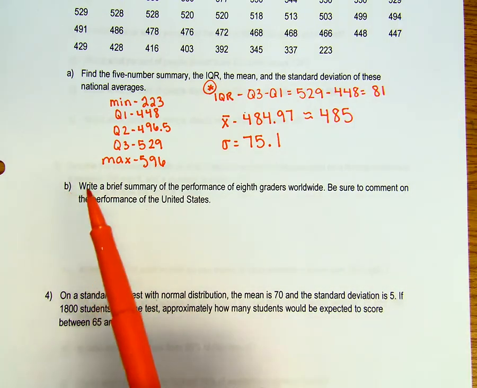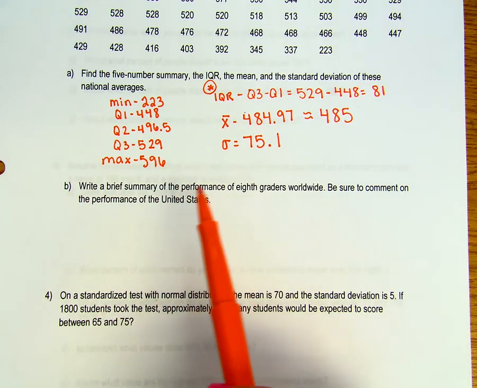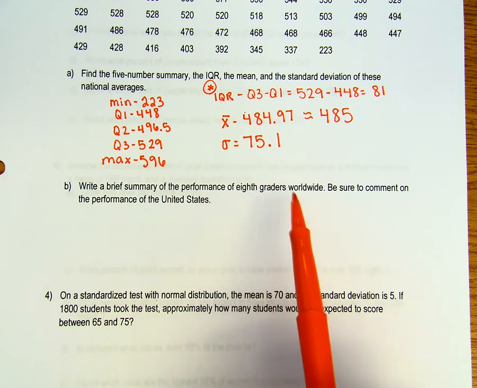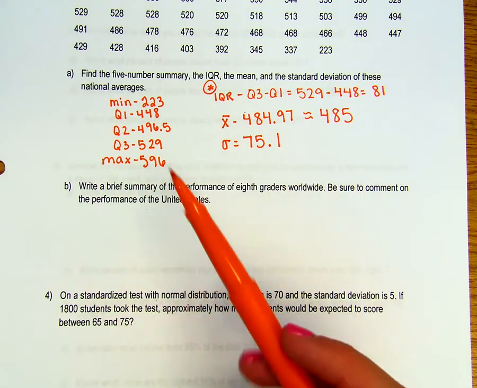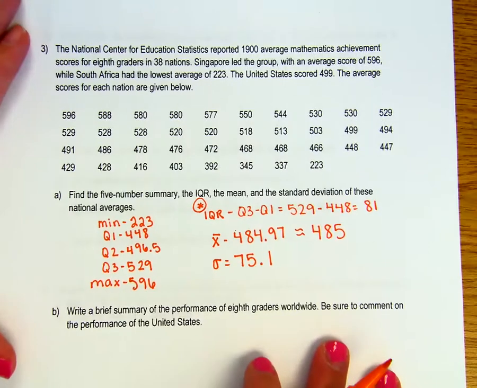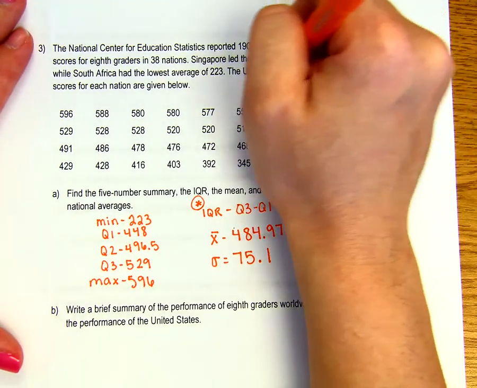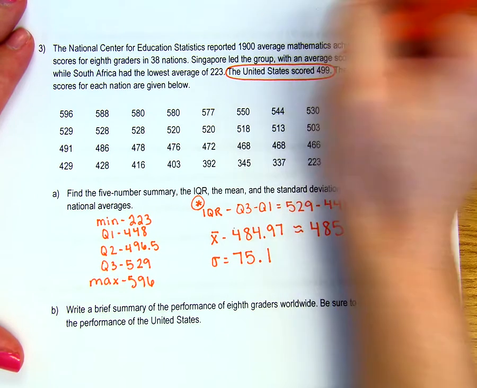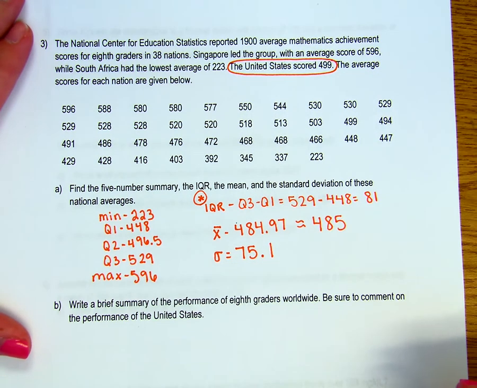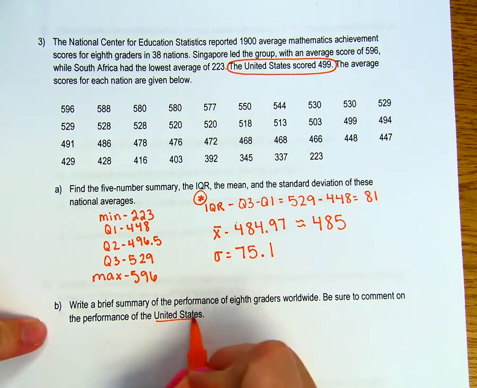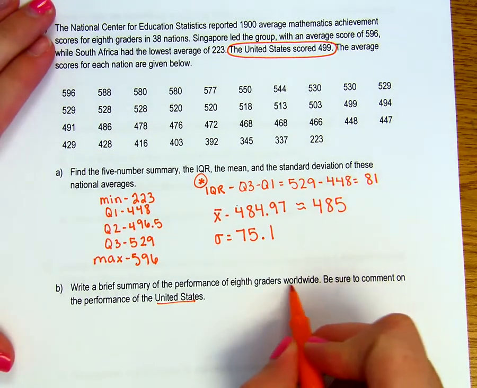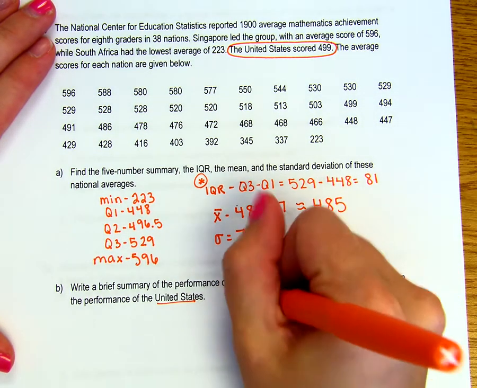The next question says, write a brief summary of the performance of 8th graders worldwide. Be sure to comment on the performance of the United States. So if we come back up here to the top, it said that the United States scored 499. So our best way to compare or to comment on the performance of the United States is to talk about the average worldwide.